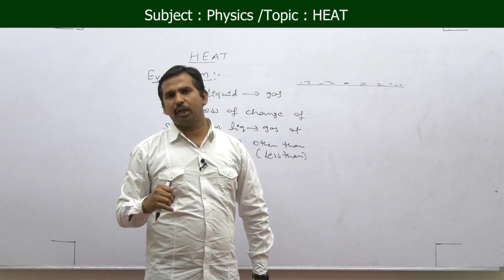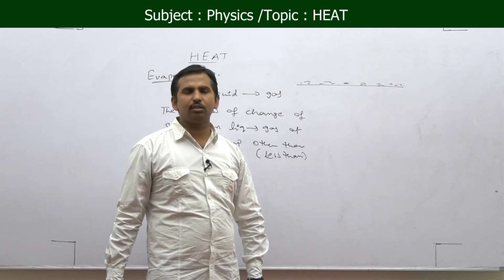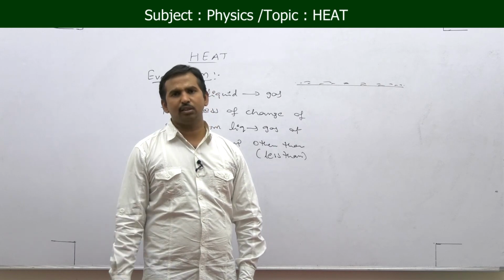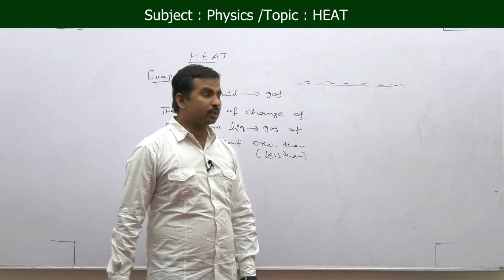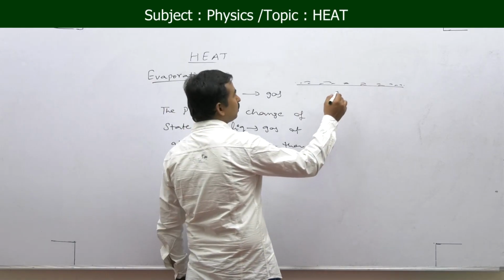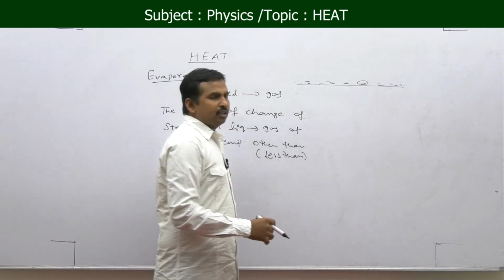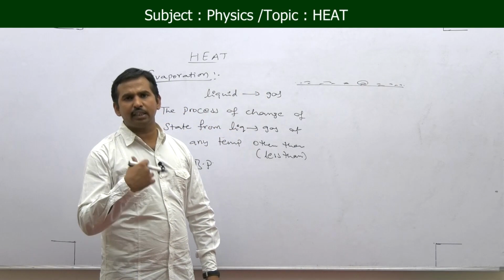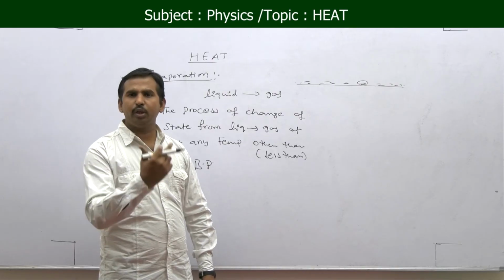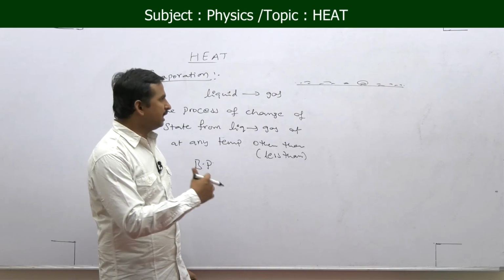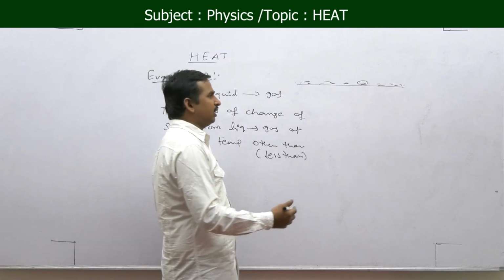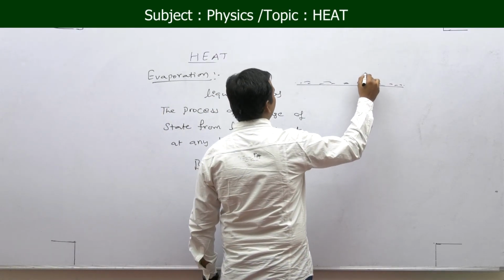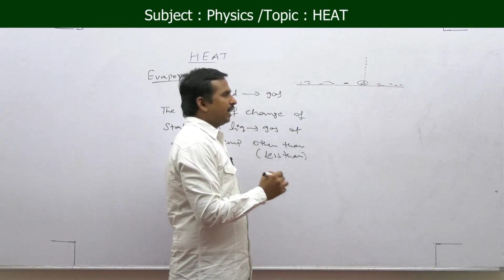These two are colliding, and they transfer their energy to the molecules present at the surface. Because of this, the molecules on the surface take the energy and go to the excited state, which means they change their state, from liquid to vapor.